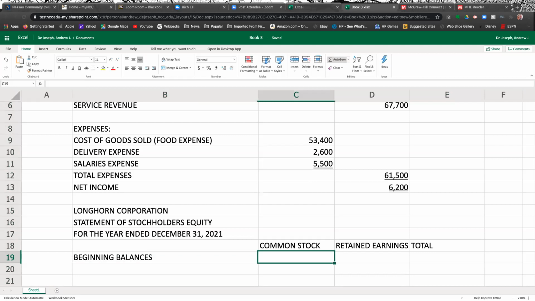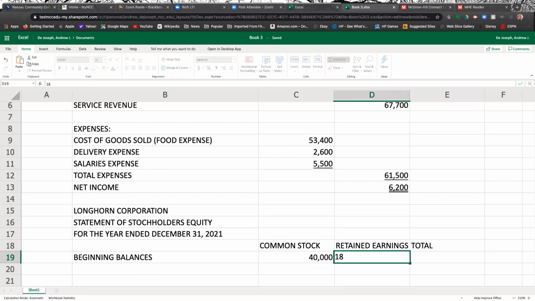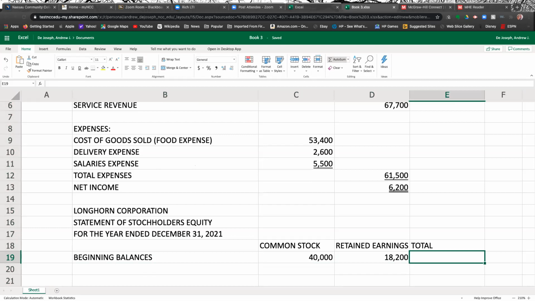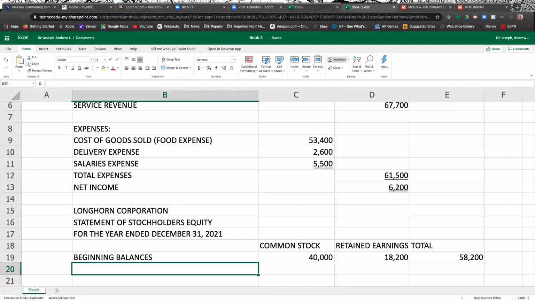All right, and go right to the book. Beginning balances, they told us $40,000 for common stock, $18,200 for retained earnings. So if I add those two things together, that looks like $58,200. Okay, now what are we going to add?